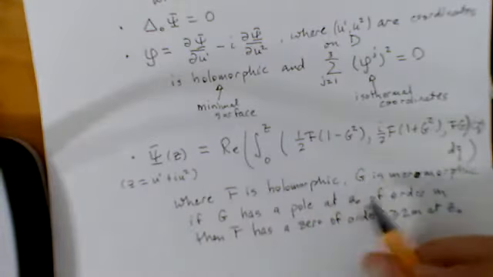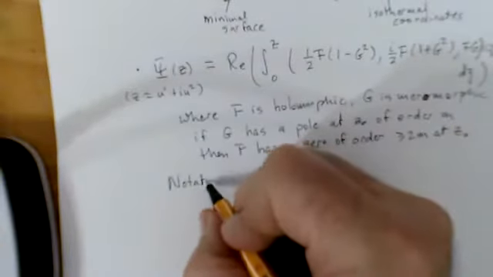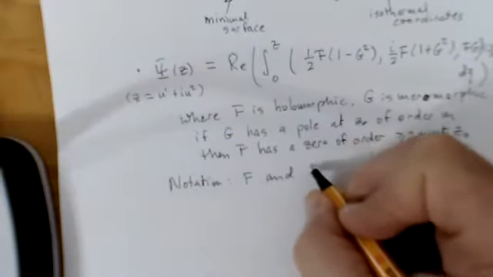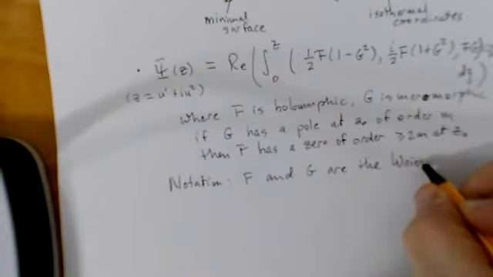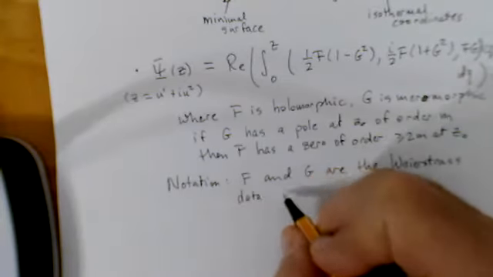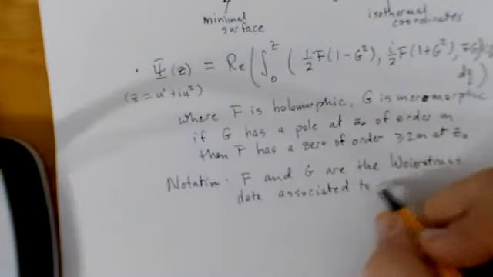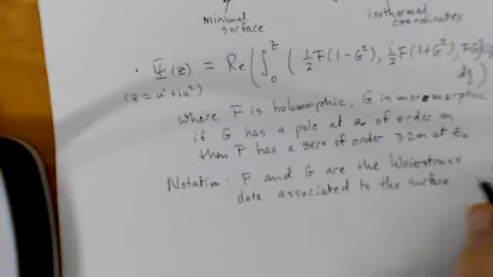So these two functions f and g, some notation we established last time: f and g are the Weierstrass data associated to the surface psi d.